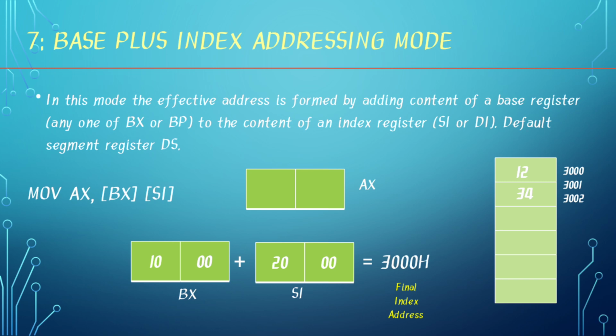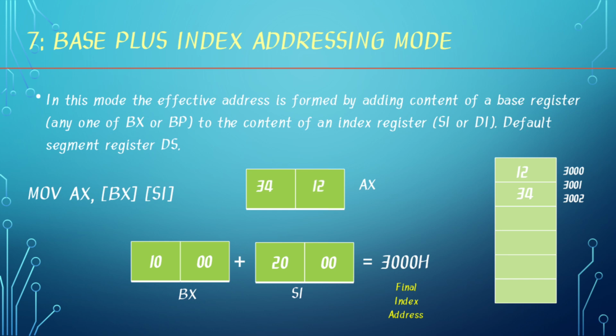This 3000 is the final address, which has some data. That data is moved to the AX register. So this is the base plus index addressing mode.